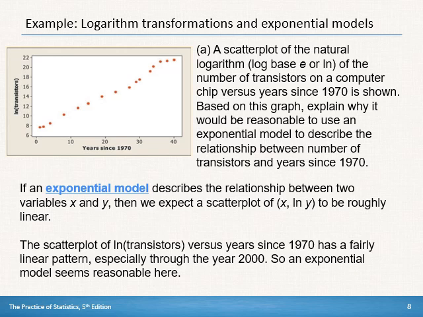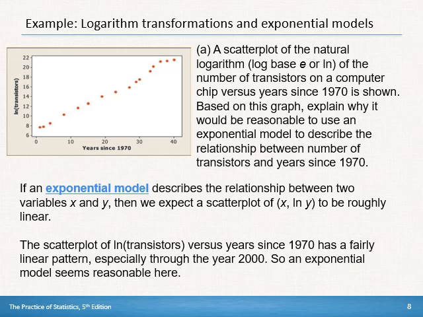And so it's reasonable to expect that we had an exponential model because x plotted against log y is no longer curved. It's fairly linear. I mean, there's still a little bit of a curve in it, right? It's not perfectly linear, but it's certainly more linear than the original exponential data.